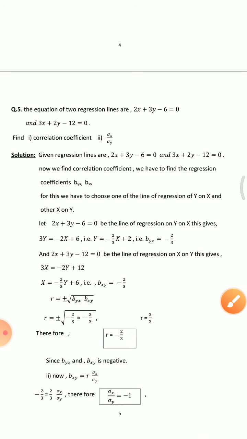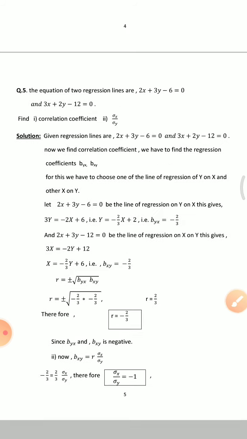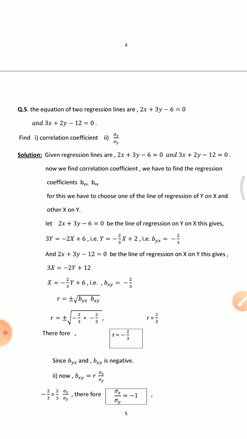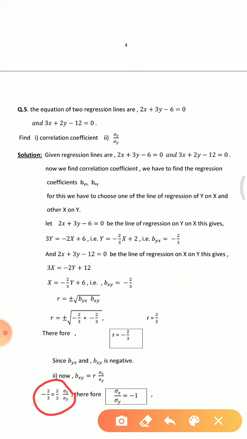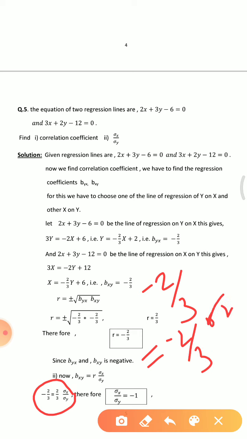Now b_xy = r times sigma x upon sigma y. Small correction here: the value of b_xy is -2/3, so -2/3 = (-2/3) sigma x upon sigma y.